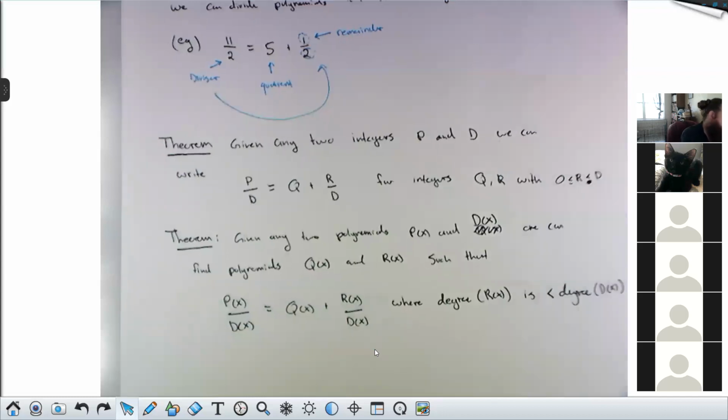Well, it's very similar to how you divide integers, and I'll show you. The only way to really show this is through examples. Trying to write out the rule would be weird. So, let's do just one example here.